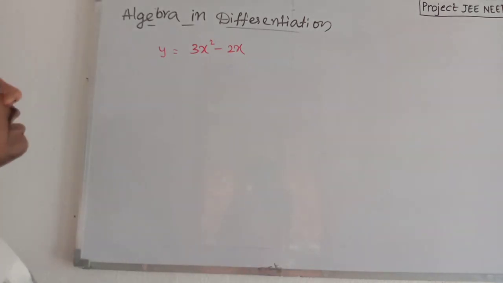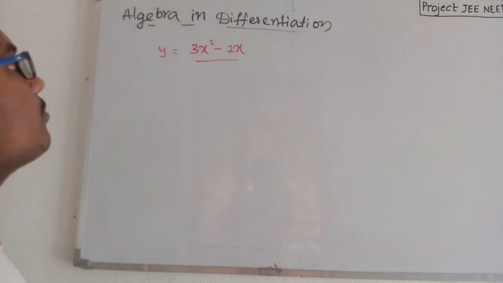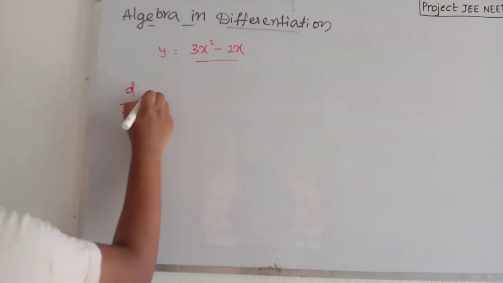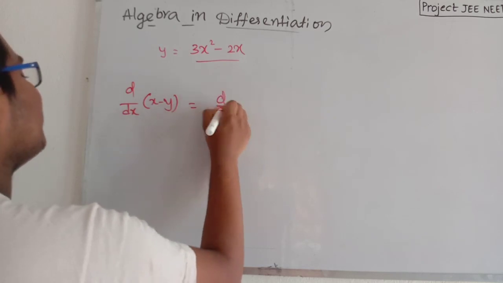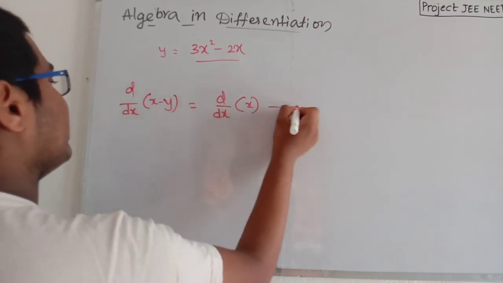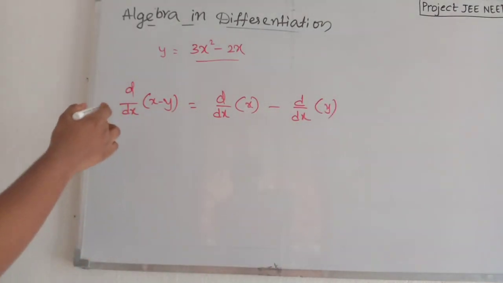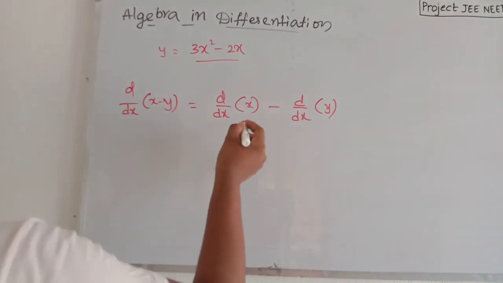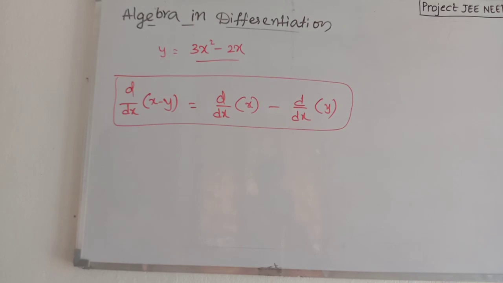If you are asked to calculate the derivative of this compound expression, we use the same type of formula, but the sign will be changed. d by dx of x minus y is equal to d by dx of x minus d by dx of y. This is actually the same formula as the previous case.